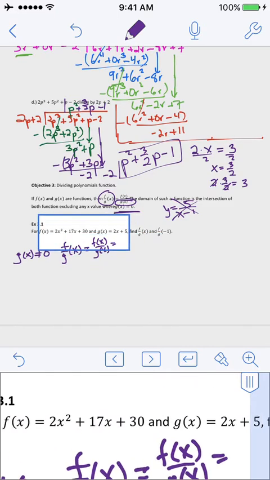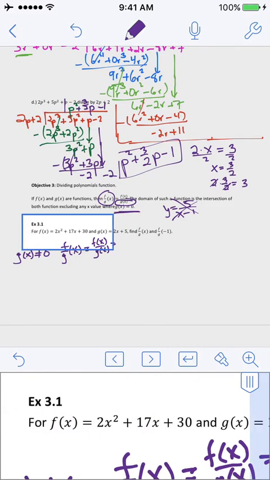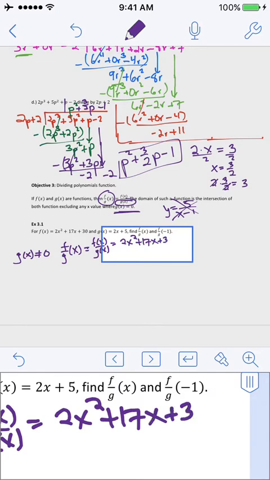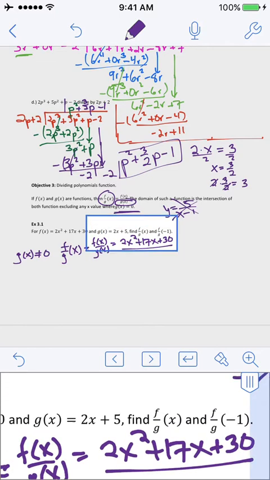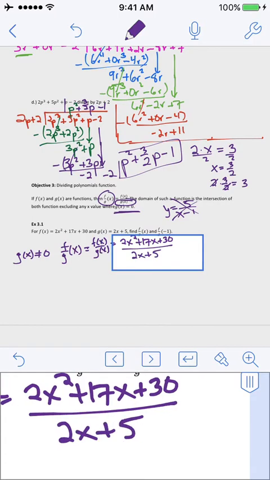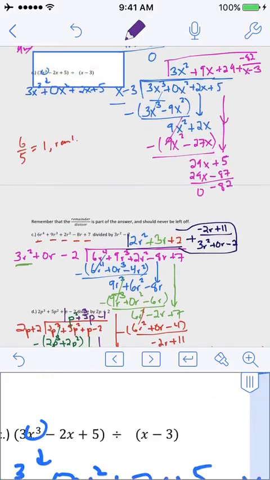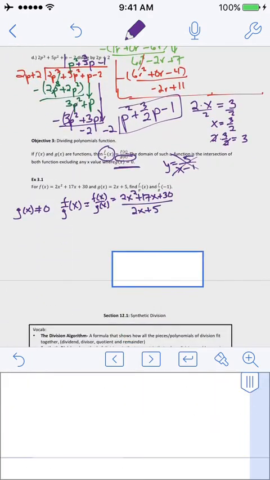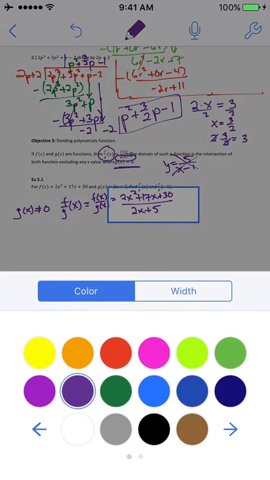And therefore, since f of x is equal to this trinomial, 2x squared plus 17x plus 30, over g of x, which is 2x plus 5. We now have a division problem we've seen before, right? So this looks very much like what we were doing up here. Sweet.